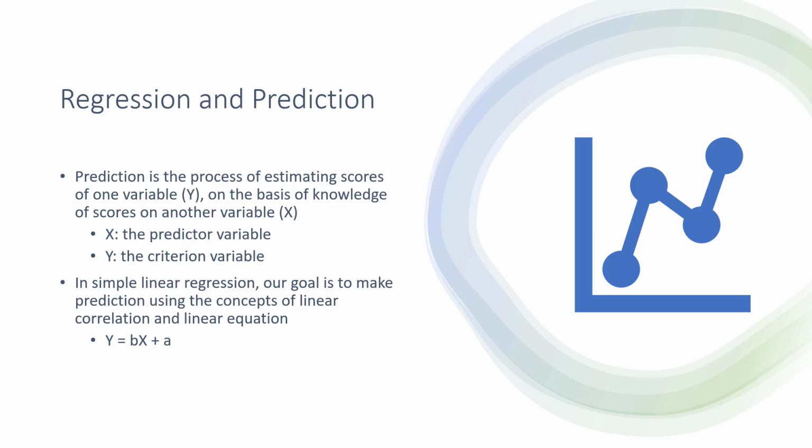In simple linear regression, the predictions are made not only based on linear correlation, but also the concept of the linear equation. If you remember from high school algebra, a linear equation is in the form of y equals b times x plus a.